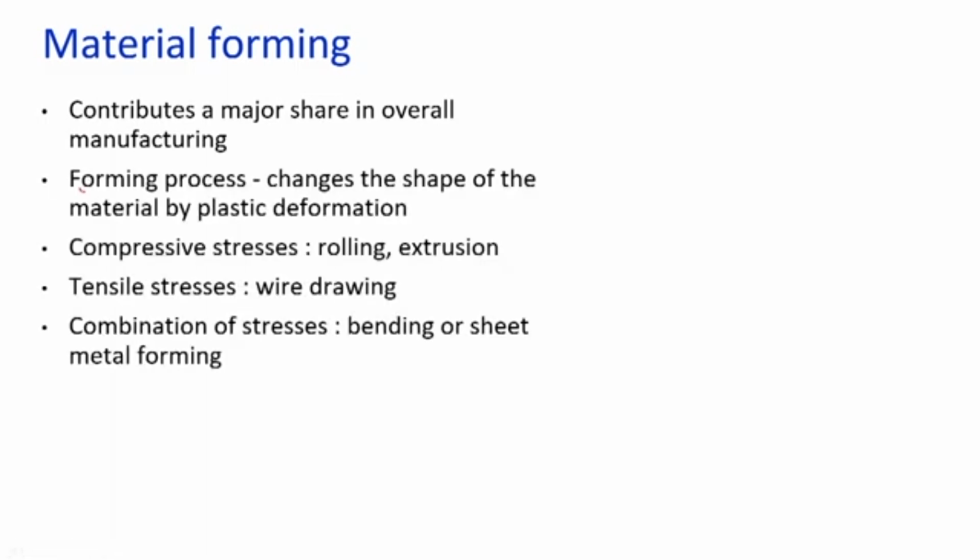In forming operations, we change the shape of the material by carrying out plastic deformation, and to obtain plastic deformation of the work material we apply forces. In certain cases we even increase the temperature of the material by applying heat energy, such as in the forging operation. There are various types of stresses used in material forming.